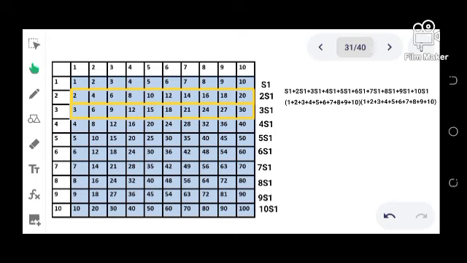Now to get the sum, we can just add all the numbers conventionally. But for the sake of establishing a general concept without losing generality, we can do a systematic addition. We take 1 and 10 as a pair, and we take 2 and 9 as a pair as well.